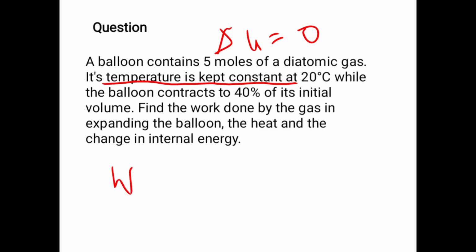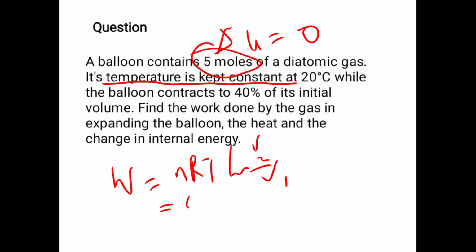But now to find the work done in this case, we can still use nRT ln V2 over V1. n is the number of moles, which is 5 moles based on the question. R is the gas constant, which is 8.314. Then multiplied by the temperature, which is 20 degrees Celsius. Converting to Kelvin will give us 293.